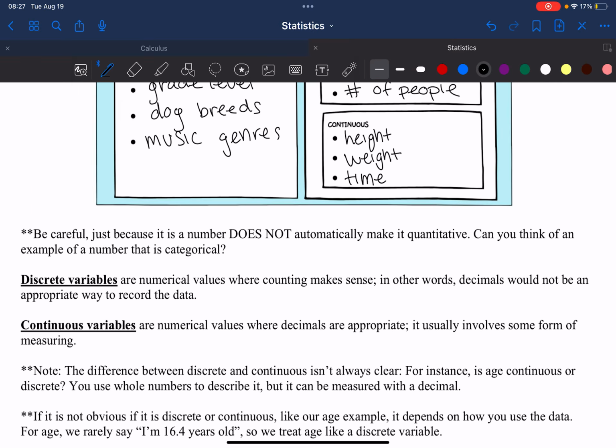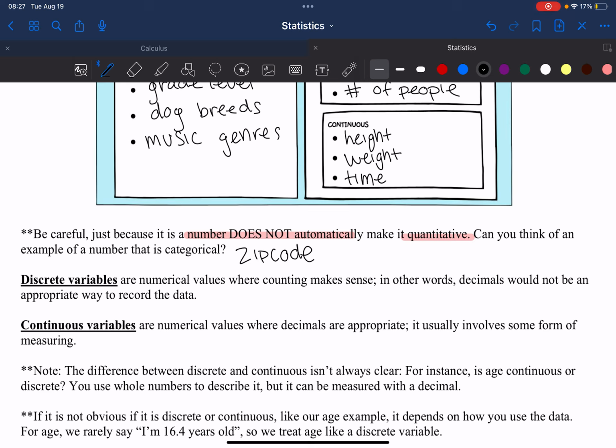It says just because something is a number doesn't automatically make it quantitative. So number does not automatically mean quantitative. And some examples of that would be your zip code. Okay. Let's say I was to ask everybody what their zip code was, okay?